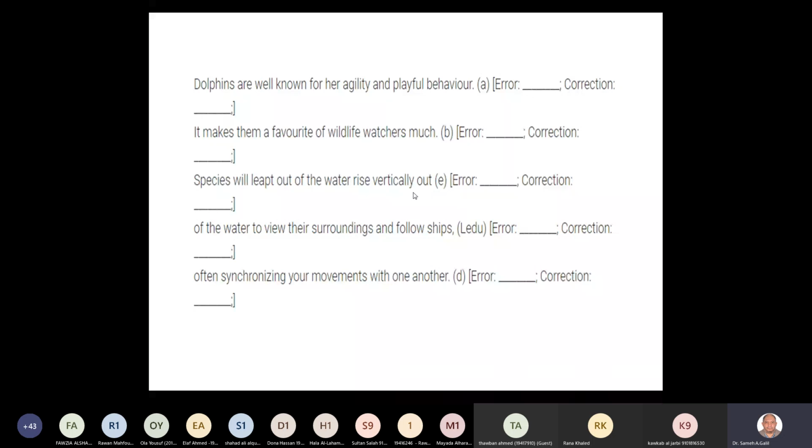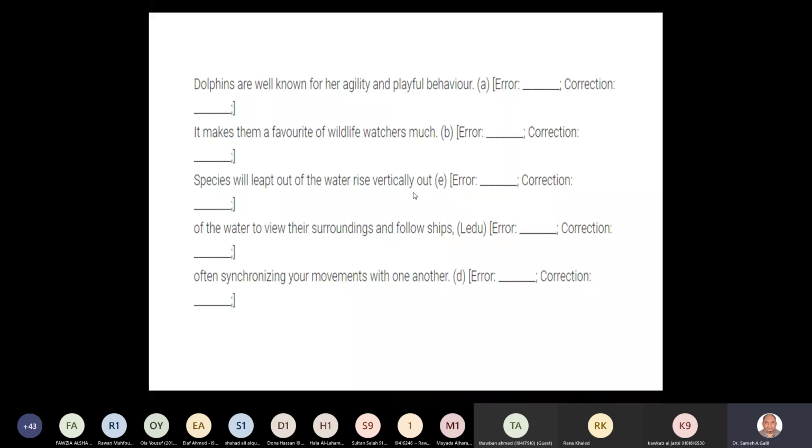So species will leap out of the water and rise vertically out of the water again, to view their surroundings and follow ships. This is what I can think of, unless you guys have other recommendations. Can we move on to view their surroundings and follow ships?